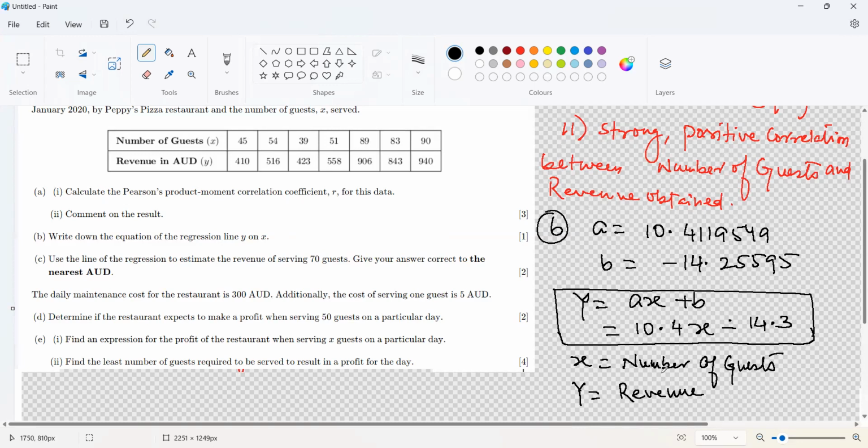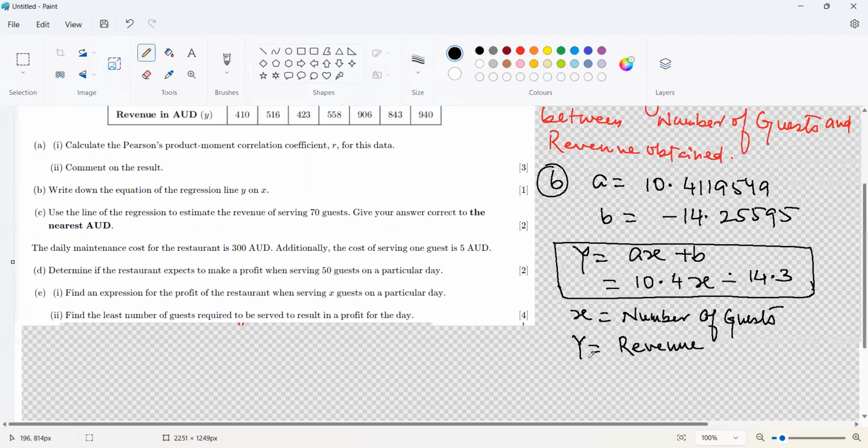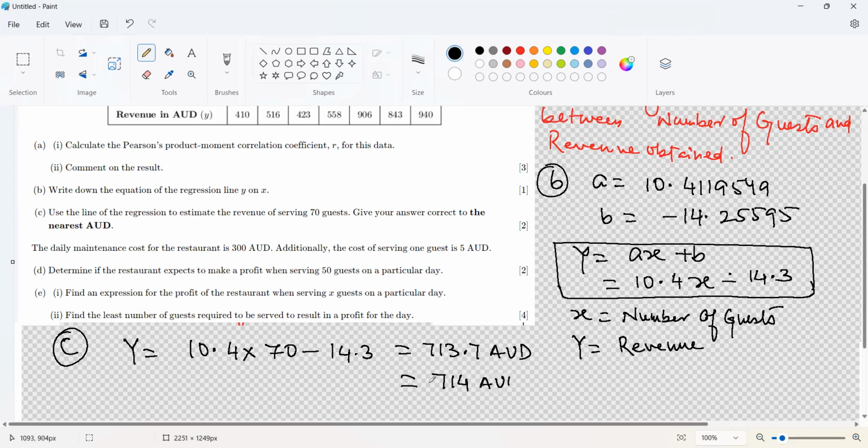So when X equals 70, I'll substitute: Y equals 10.4 times 70 minus 14.3. What I'm getting? 713.7 AUD. That is approximately 714 AUD.